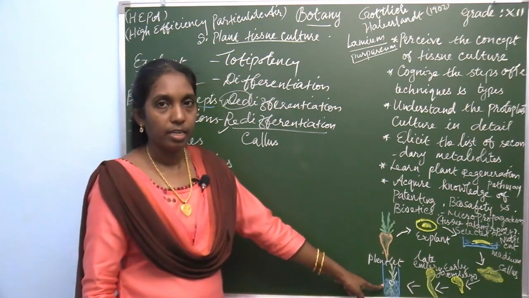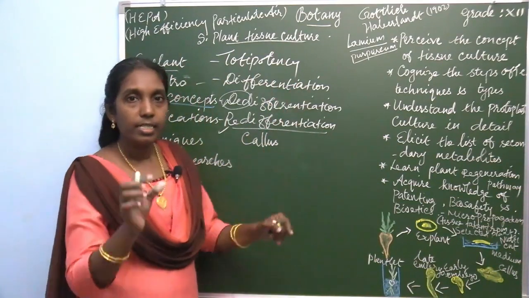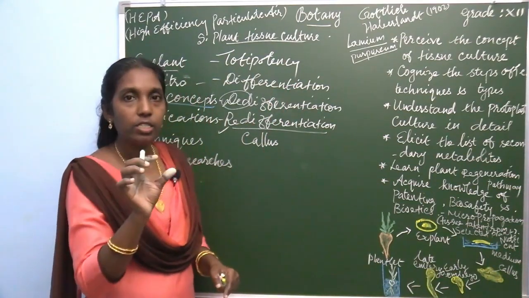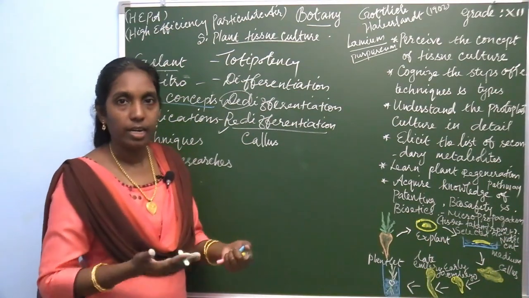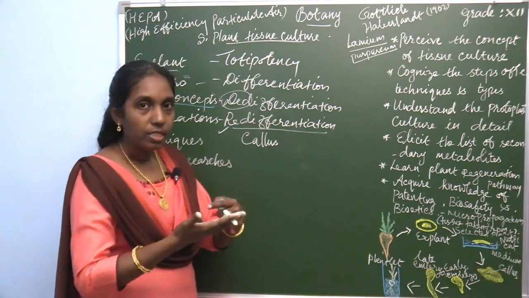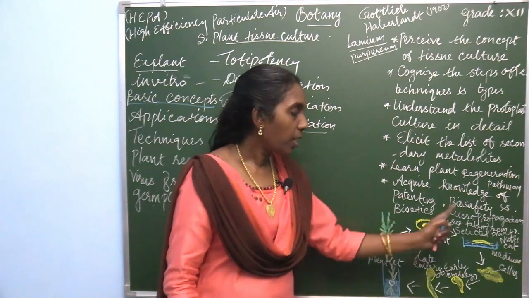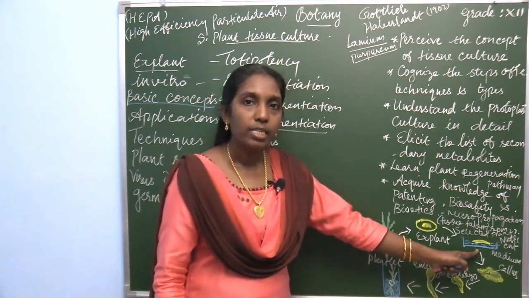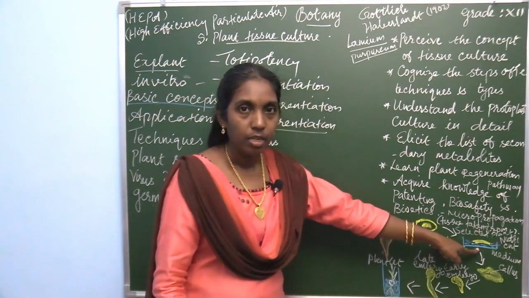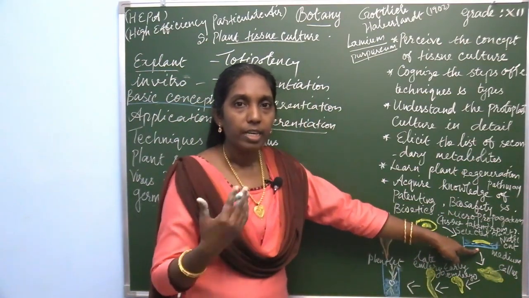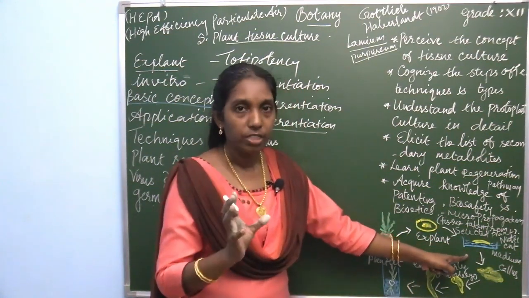Hope that you understand clearly. Once again, this basic concept is very important. Totipotency is the inherent potential of the living cell to develop into an entire plant. Differentiation: biochemical changes take place within this explant when it is transferred to the nutrient medium, and the cell becomes structurally able to function.